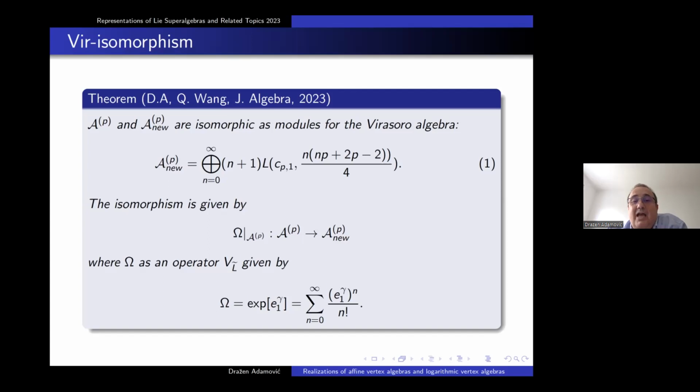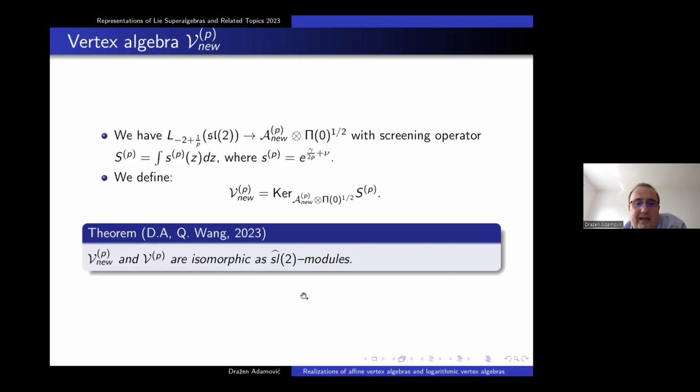We have completely the same decomposition of this logarithmic algebra as in the classical sense, but the algebras are not isomorphic as vertex algebras. They are isomorphic as Virasoro modules. So we found an explicit isomorphism between this AP and AP nu, and this is the formula for this automorphism.